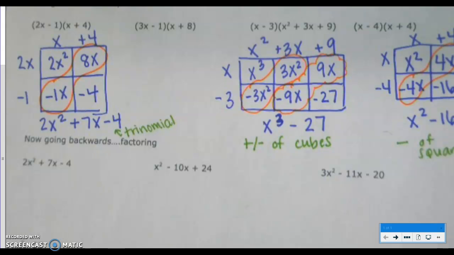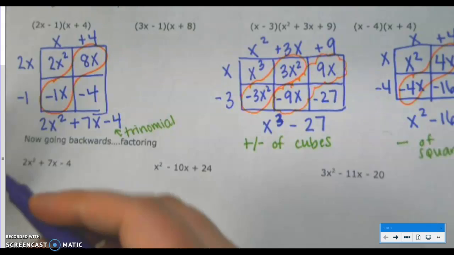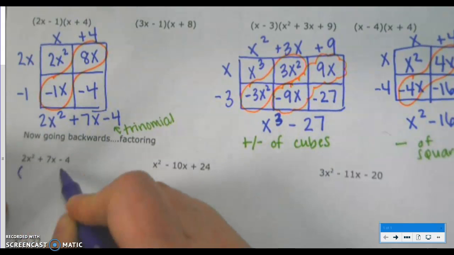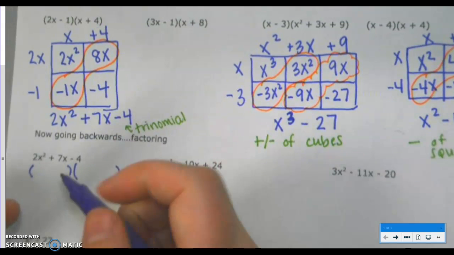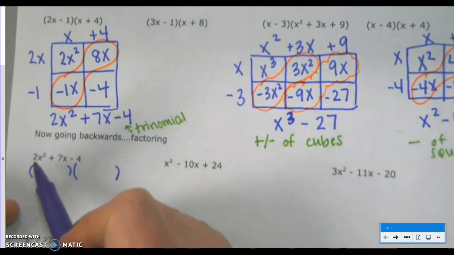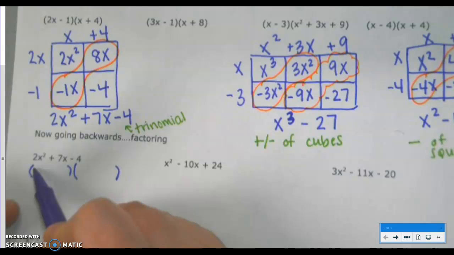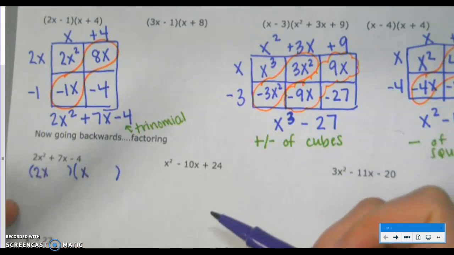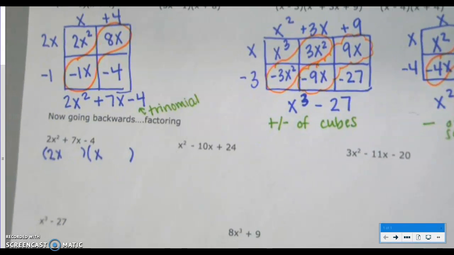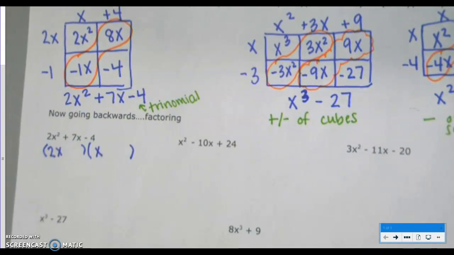So when I go to factor this, my factors have to look something like x plus a number or x minus a number. In this case, because this is 2x squared, the only way to get 2x squared is if you do 2x times x. So I know it's going to look something like that. I'm actually going to grab a piece of scratch paper because I write bigger than I gave myself room for.